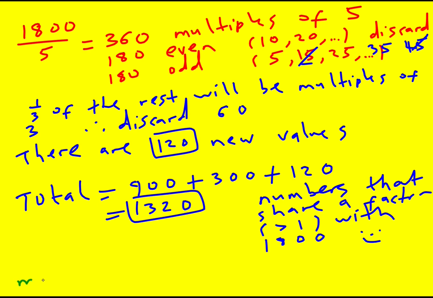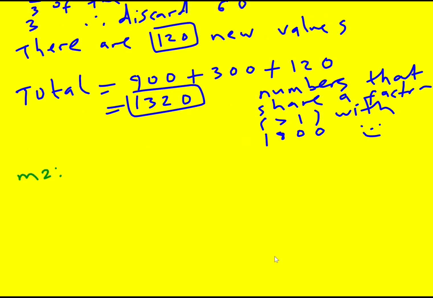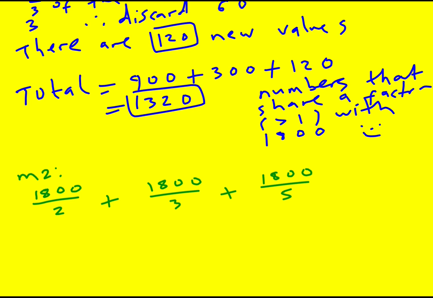Let me talk about method 2. Okay, so I'm using the answers for this one. So we could construct in a similar sort of way these lists. 1,800 over 2 plus 1,800 over 3 plus 1,800 over 5.